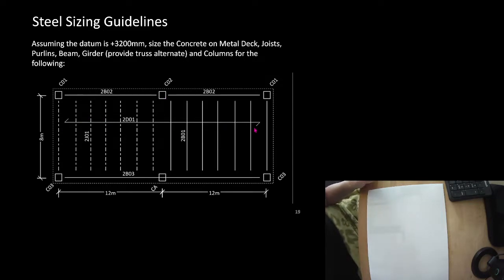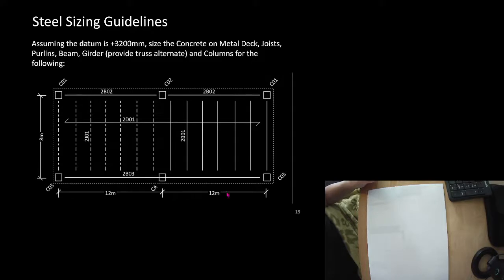So all of this is deck, but its span length is from here to here, or for example, from here to here, or from here to here. All of these lines are supporting the metal deck because this is the direction the flutes are going.